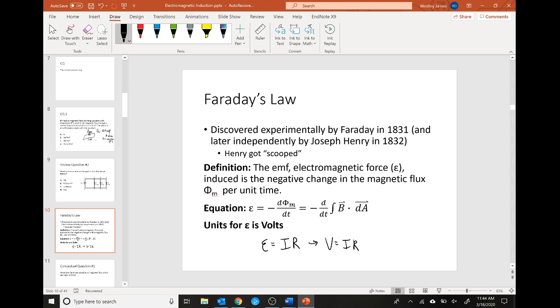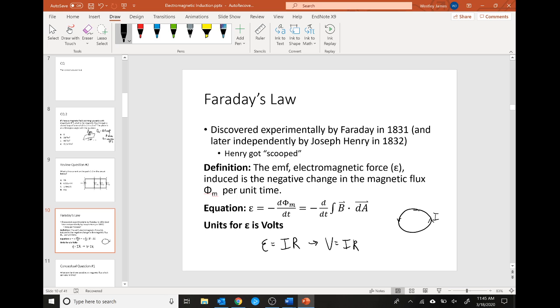So the big takeaway here: EMF is voltage. And when you have a change in magnetic flux through something, so for instance, our loop of wire, when the magnetic flux changes, you generate this EMF, this voltage, and if you have voltage, you get current.